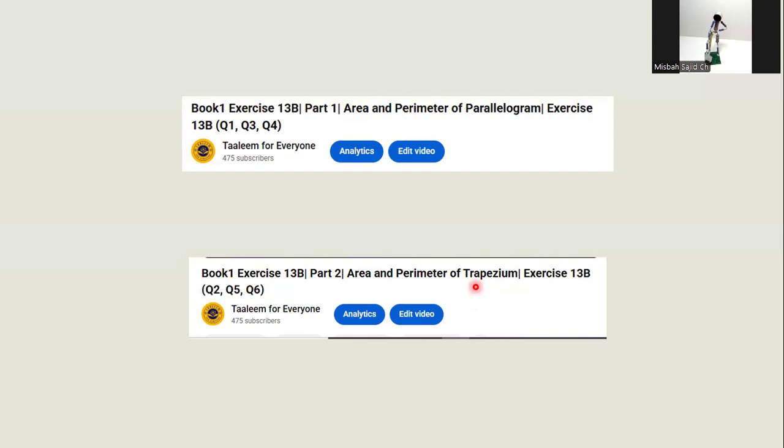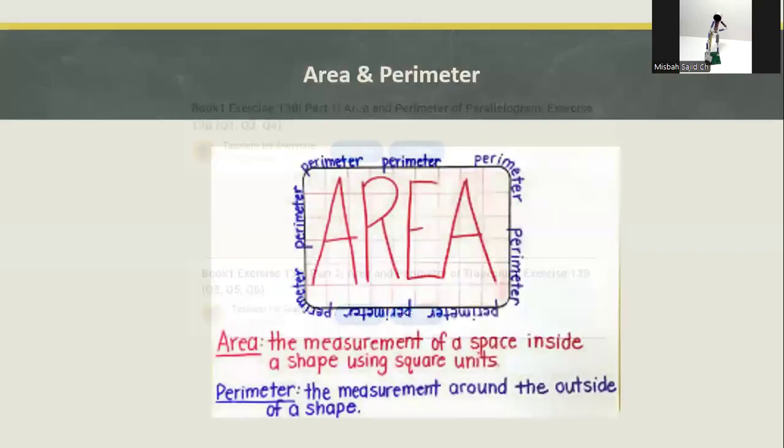Right, now let's proceed. So, what is area and perimeter? It is quite easy to understand now, because we were discussing the same thing in the previous video as well. What is area?